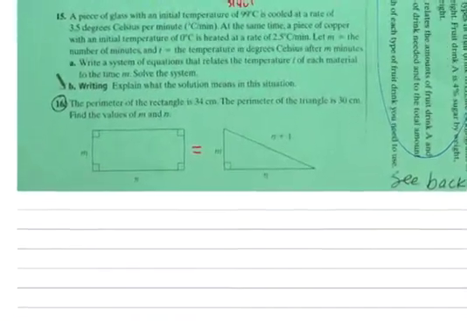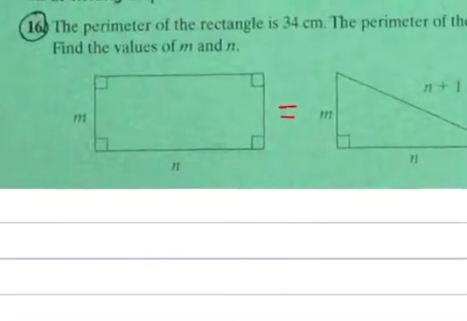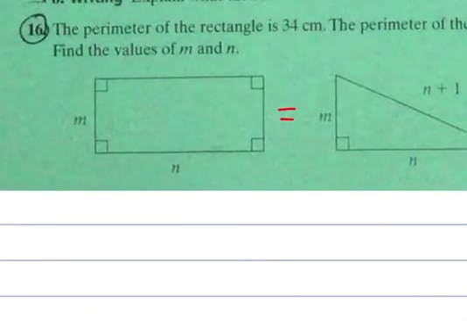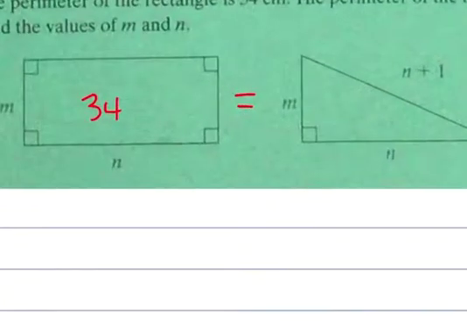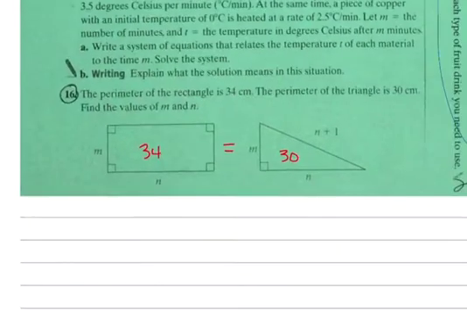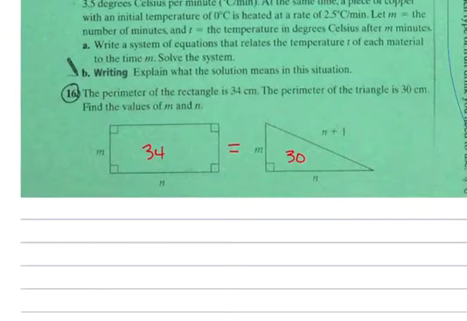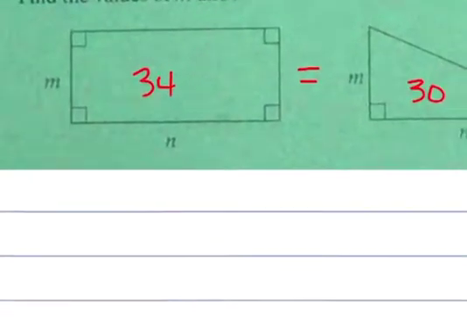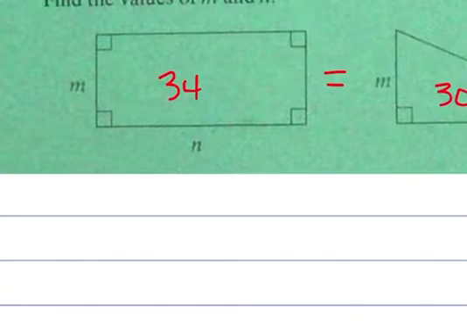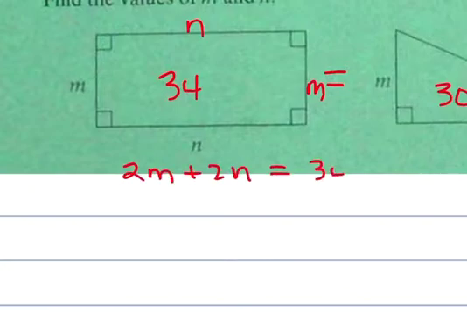Number 16, okay. The perimeter of the rectangle is 34. The perimeter of the triangle is 30. So find the value of m and n. You got 2 m's and 2 n's, so 2m plus 2n equals 34.